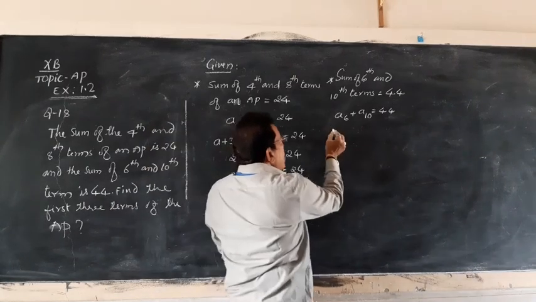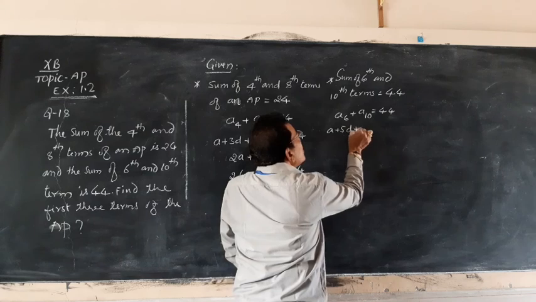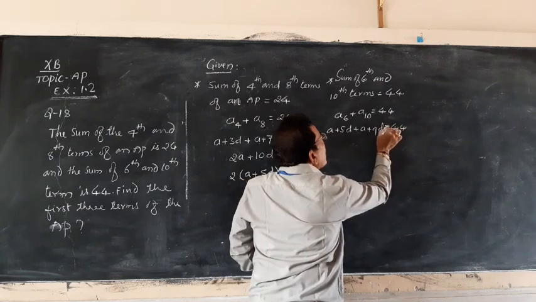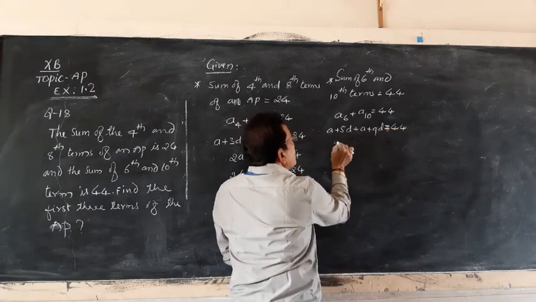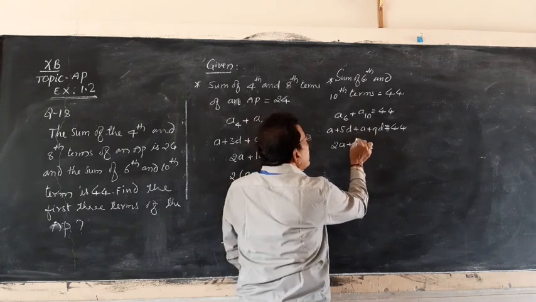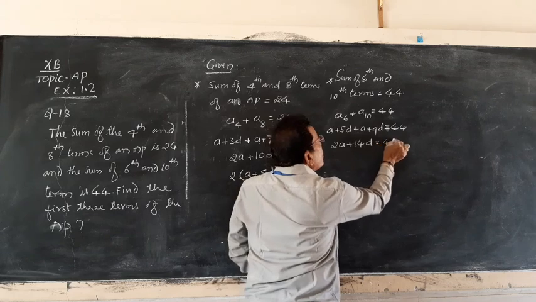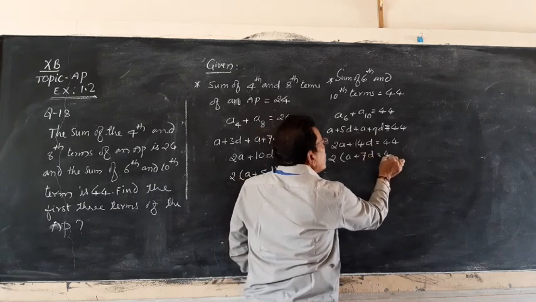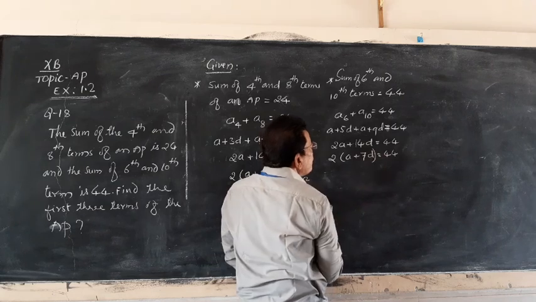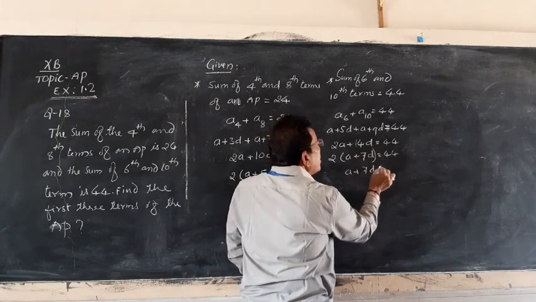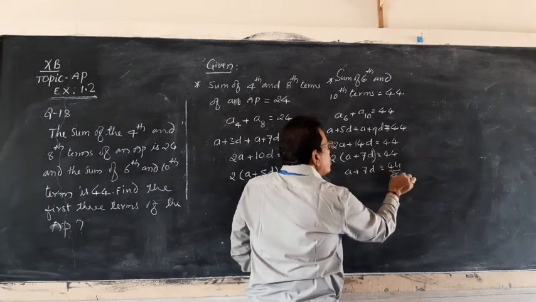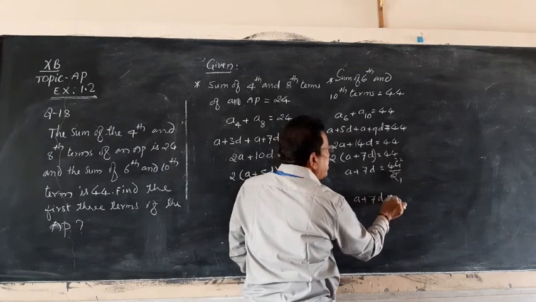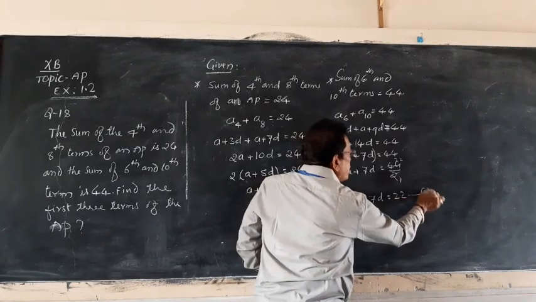Now let us write the meaning of A6: A plus 5D, A plus 9D equals 44. 2A plus 14D equals 44. Again take 2 common, A plus 7D equals 44 divided by 2, that is 22. A plus 7D equals 22. Equation 2.